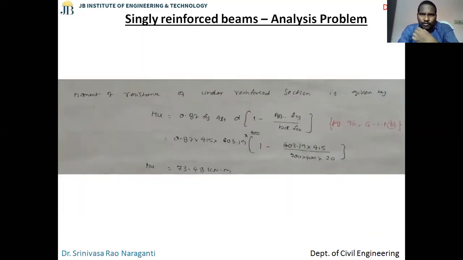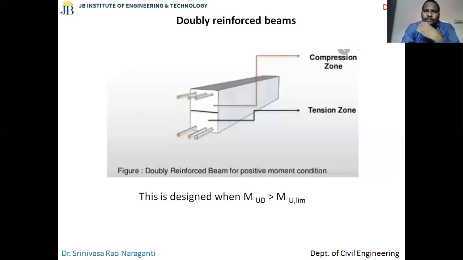Now let's move on to doubly reinforced beams. In contrast to singly reinforced beams, in doubly reinforced beams you provide the main reinforcement both in the tension zone and in the compression zone. Assuming the beam is bending in sagging condition, with a positive bending moment, the bottom is subjected to tensile stresses and the top to compression stresses.